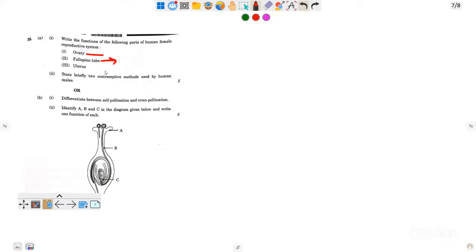The fallopian tube carries the egg or ova, and fertilization also takes place in the fallopian tube. What about the uterus? Inside the uterus, the development of the embryo takes place. It provides the space for the development of the embryo. That's how you can write the function of the uterus.